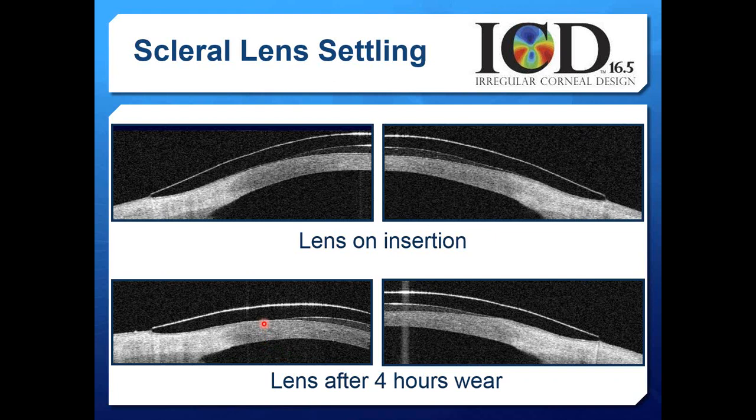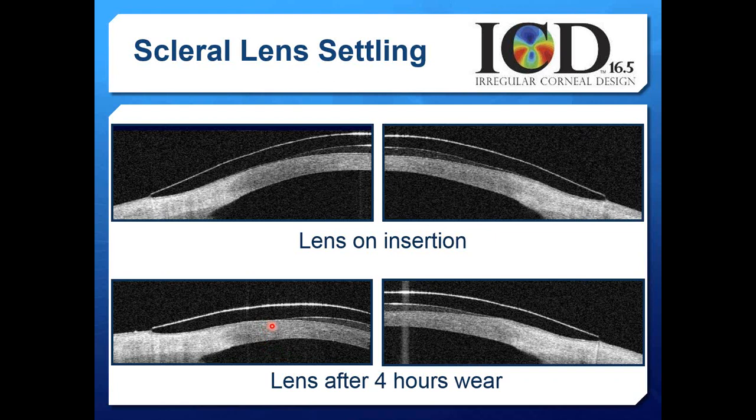It may not be, but we're trying to be safe by vaulting through that area. You may find if your lenses land down on peripheral cornea, they start rubbing on the cornea there, and they may create some disruption in epithelium. So by vaulting, you're just assuring yourself that you've got a safe and healthy fit.